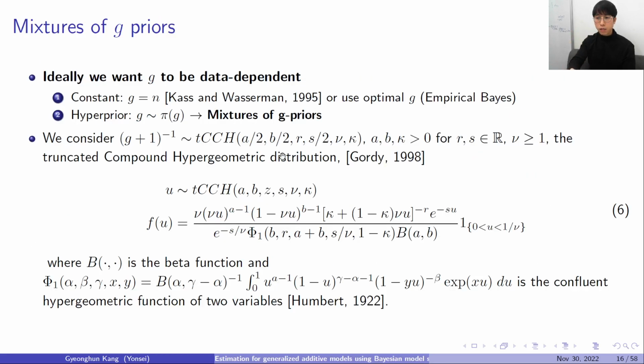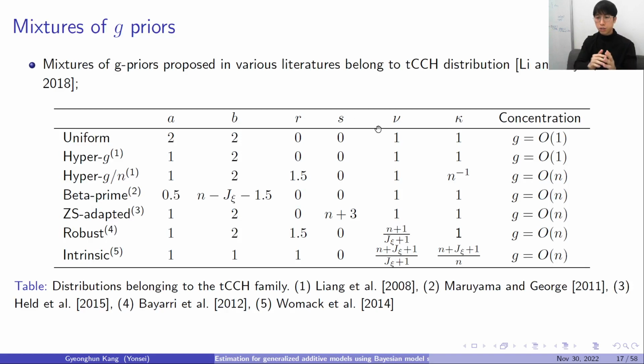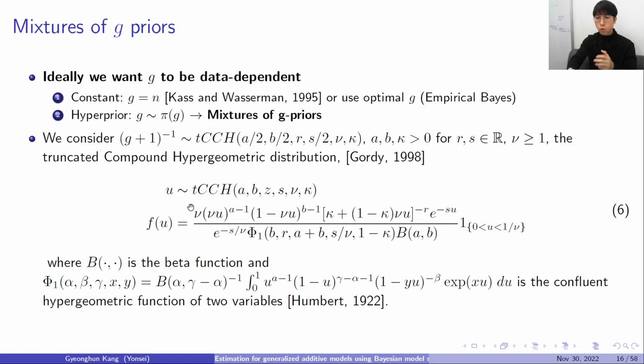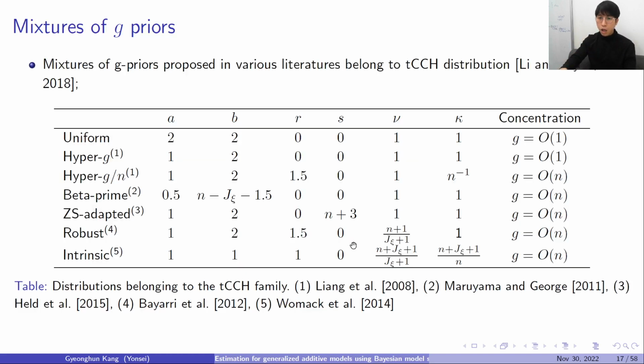There have been many variants of mixtures of G priors proposed in the literature, but in the Lee and Clyde paper, they showed that all the priors proposed are in fact special cases of the truncated compound confluent hypergeometric distribution. This is also a variant of the generalized beta distribution, where the support, the skewness or the shape can be freely determined by a total of six parameters.